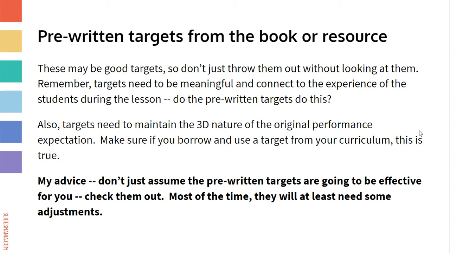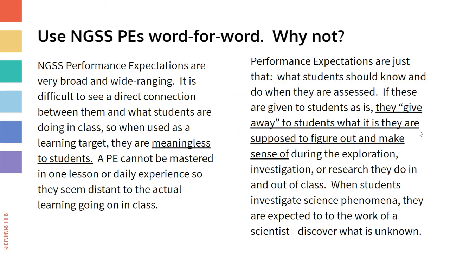So if you borrow it from your curriculum or your textbook or another resource, make sure that this is true. And so my advice would be, don't just assume that those pre-written targets are going to be effective and meet the standard or meet the target you want them to be. Check them out. And then if you want to borrow and use them, that's fine. Just make sure that you adjust them so that they are the way they need to be for your lesson.